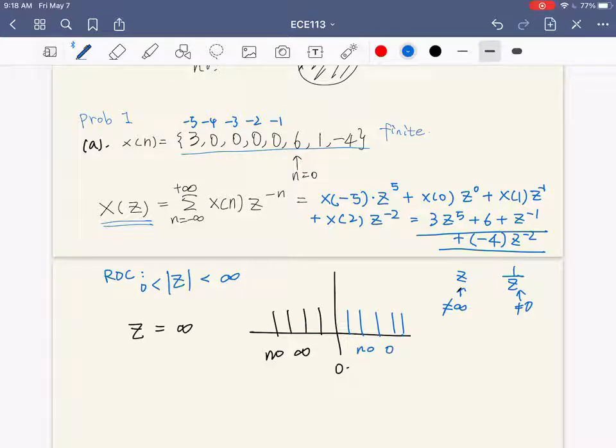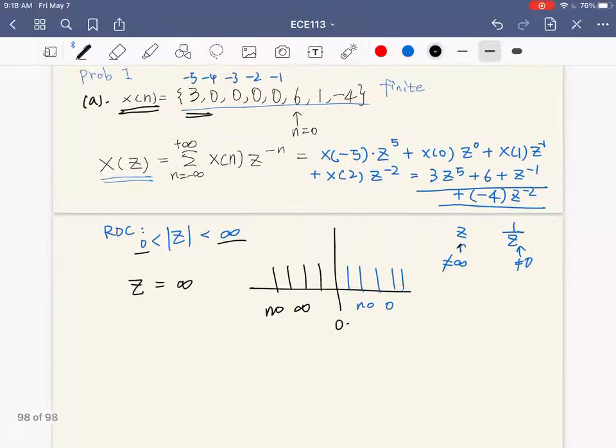This conclusion is derived from our equation, but it can be used as a quick way to check your result. For example, our x of n has some non-zero values on both left and right sides, so both 0 and infinity are excluded.